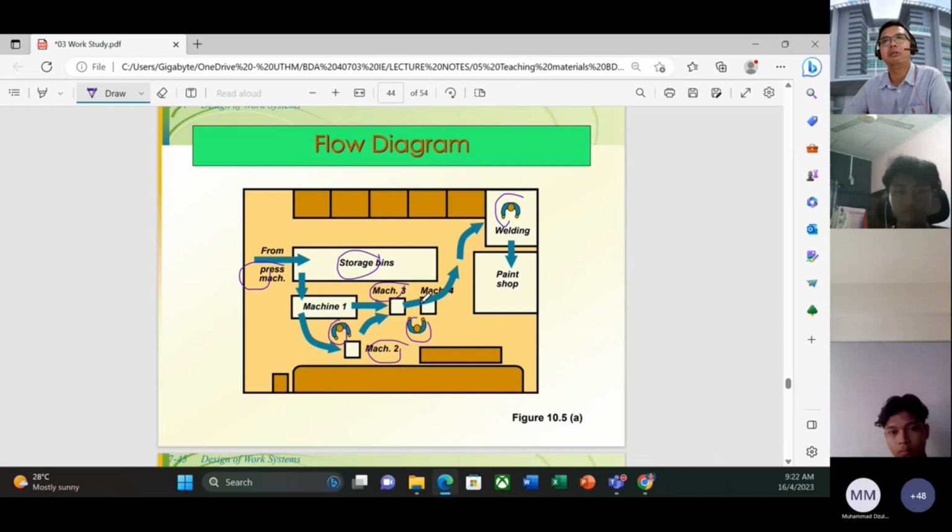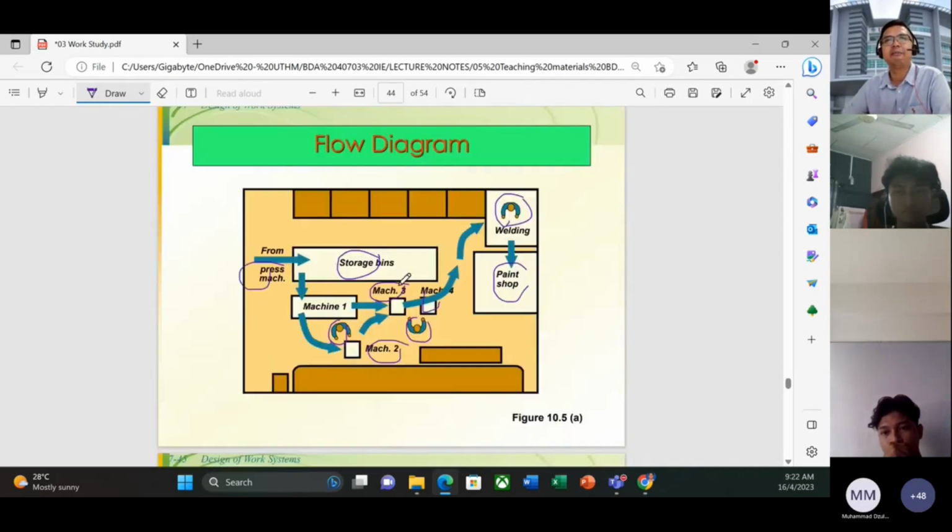From machine number three, go to machine number four. Then from machine number four, go straight to the welding area. And after the welding area, go to the painting shop here. So this is the flow diagram. Step 1, step 2, step 3, step 4, step 5, step 6, until step 7. This is what we call a flow diagram.